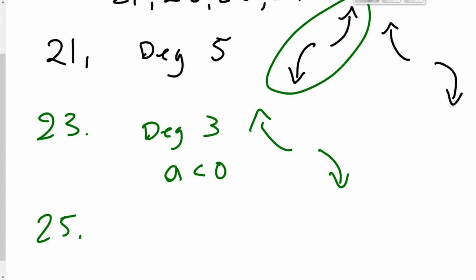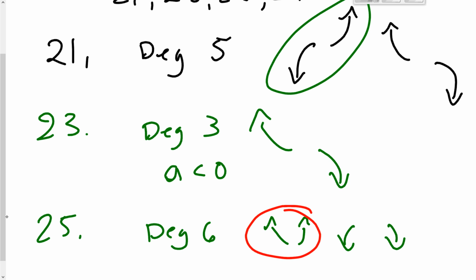For 25, the degree is 6, so that's even, so either both ends face up or both go down. The lead coefficient is positive, so it's going to go up on the left and up on the right.